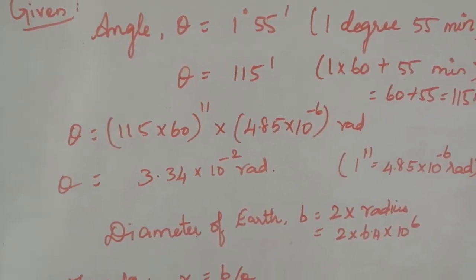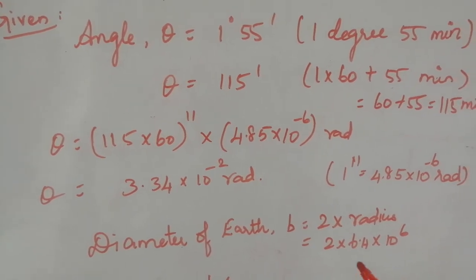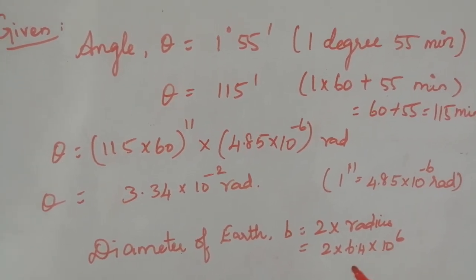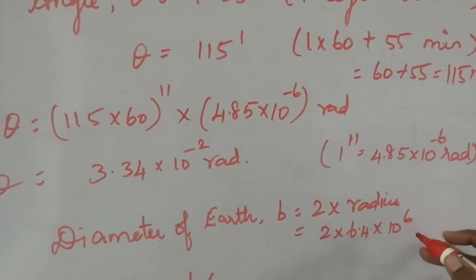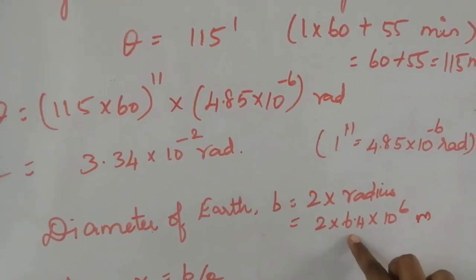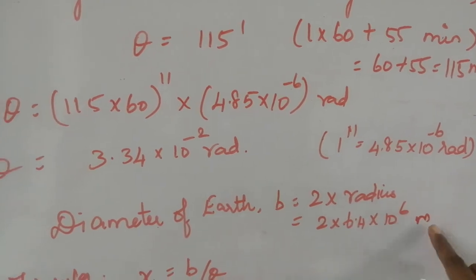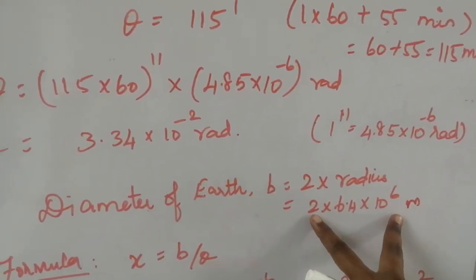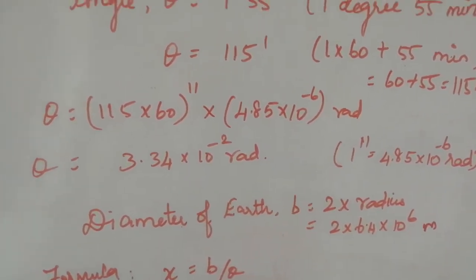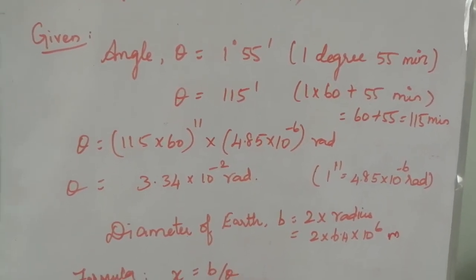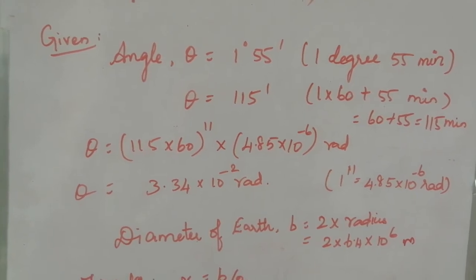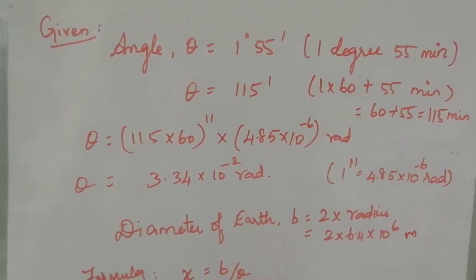So diameter of earth, let it be b, is equal to 2 times radius, which is 2 × 6.4 × 10^6 meters. I am going to just have it as such and include it in the calculation as it is. So this is all the part that is given, that is angle and diameter. I have given the conversion part.